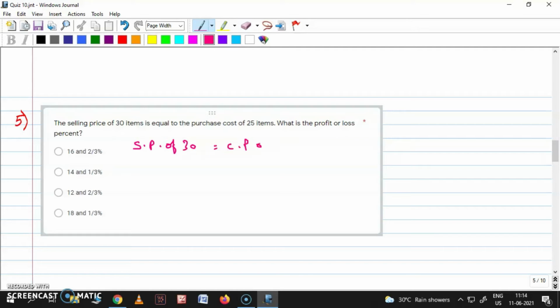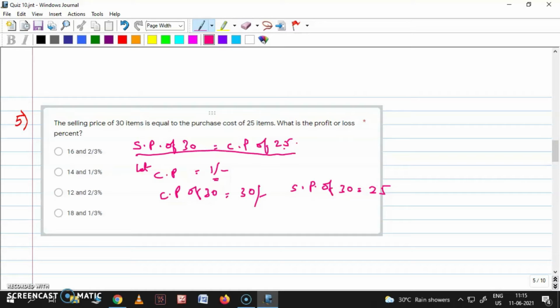Let the cost price of each article be 1 rupee, for example. Then the cost price of 30 articles is 30 rupees. Similarly, the selling price of 30 articles is the cost price of 25 articles, so it will be 25 rupees only.